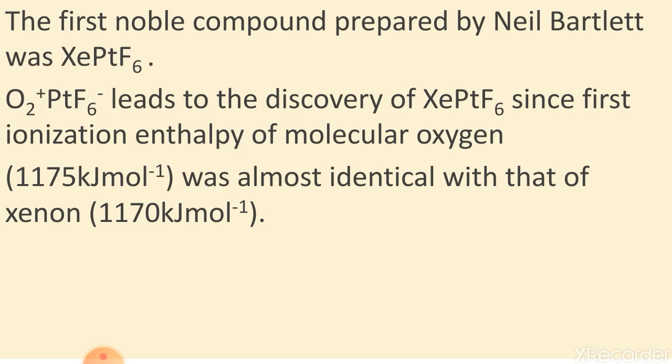That's why it can form a number of chemical compounds. Another question may arise: why do helium and neon not form compounds? This can also be answered like this: helium has small size, high enthalpy of ionization and least polarizing power. Therefore, no chemical compound of helium can be formed till now.